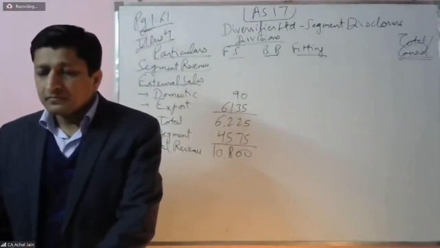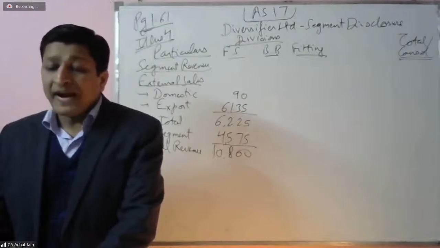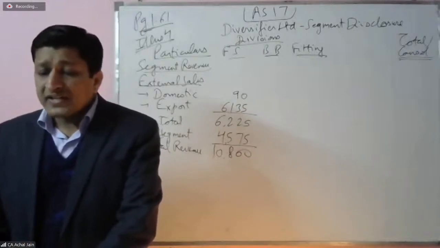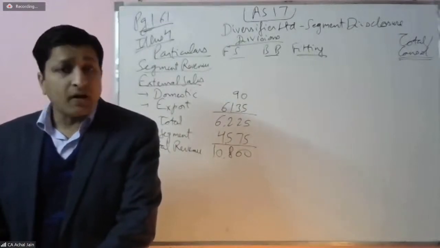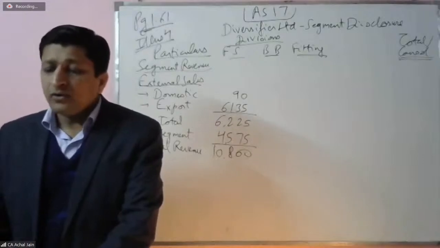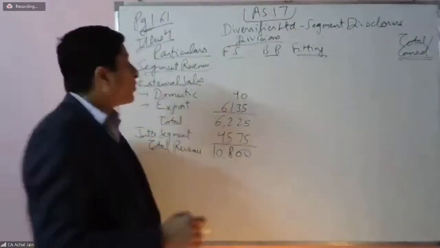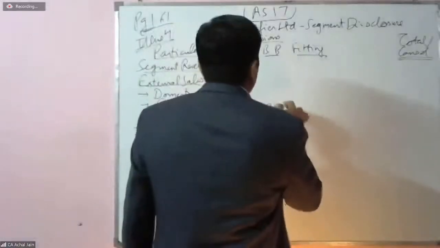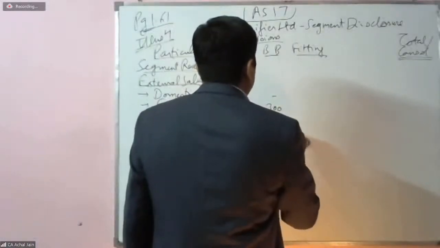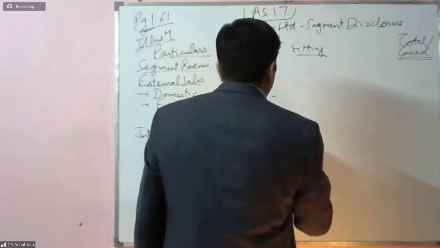Moving further onto the bright bar division. It has sold to Rwanda 300 and to fitting 45. So export is 300, domestic is nil, this is 300 and this is 45.